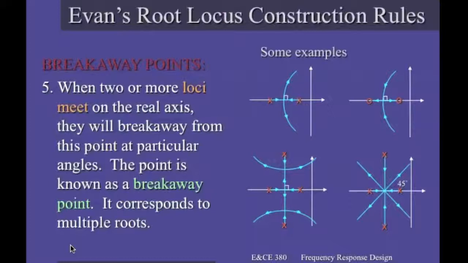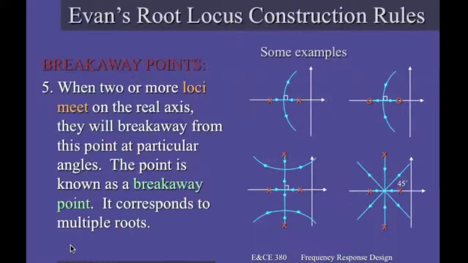After that, the trajectories have to go on. They must proceed further. The only way they can proceed is by leaving the real axis and going in a symmetrical way, one in the upper and the second one in the lower half plane.